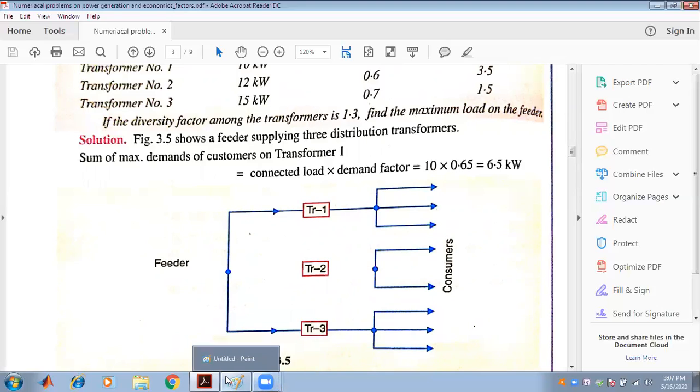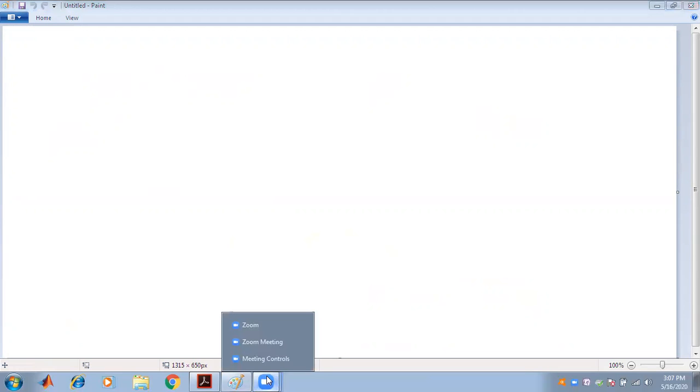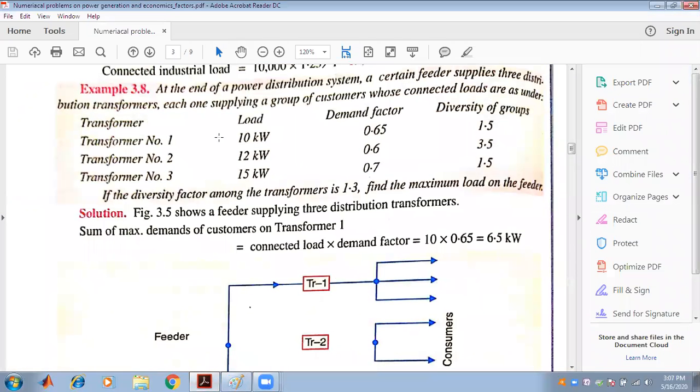What is the sum of the maximum demands of customers on transformer 1? It is given that the load is 10 kilowatt and the demand factor is 0.65.